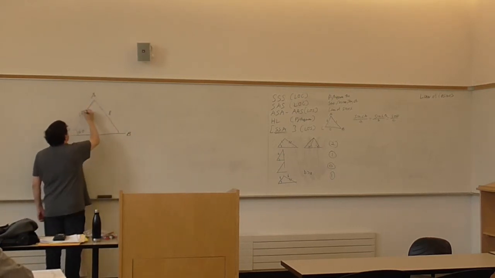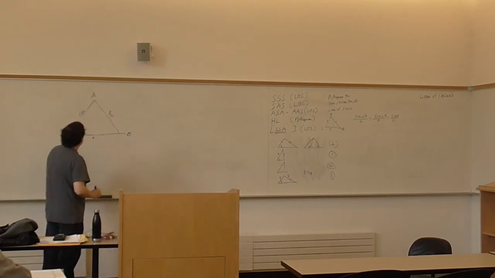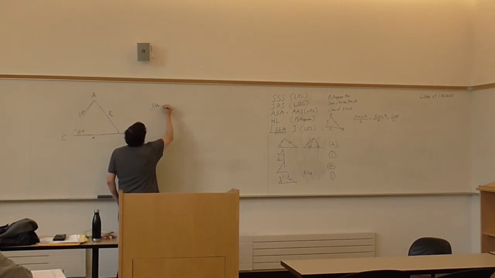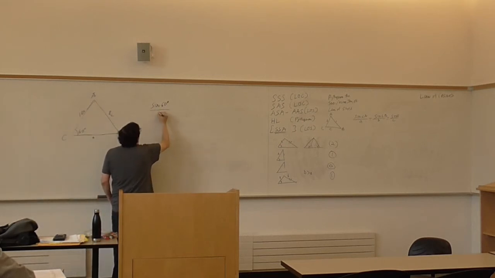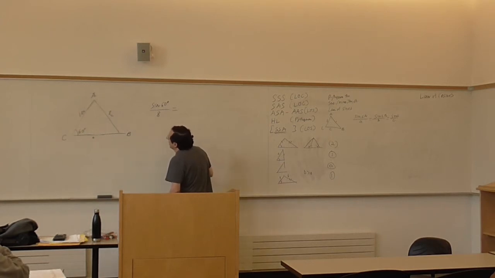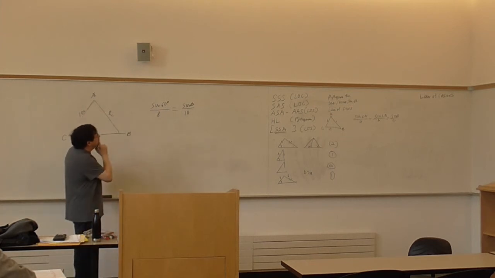So here's my little b, here's my little a, c. So law of sines tells me that sine of 60 degrees over 8 will equal what? The sine of angle b over 10, right? Okay.